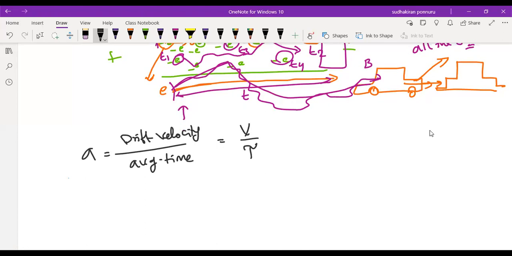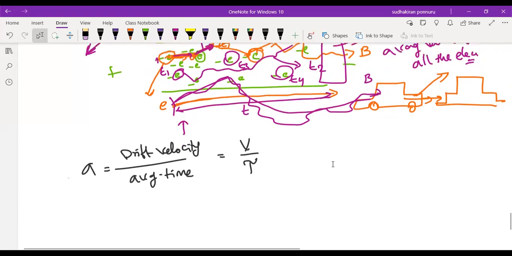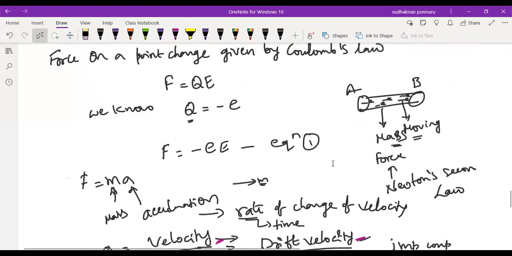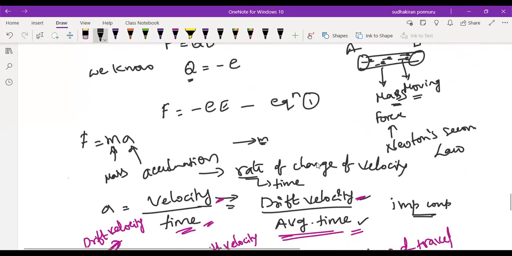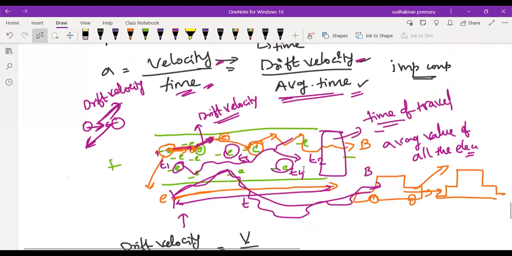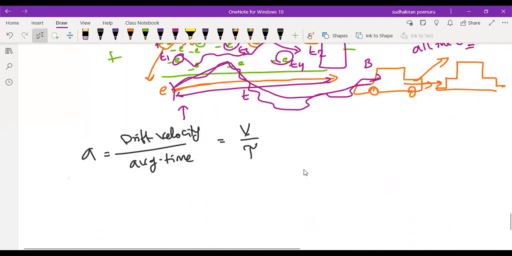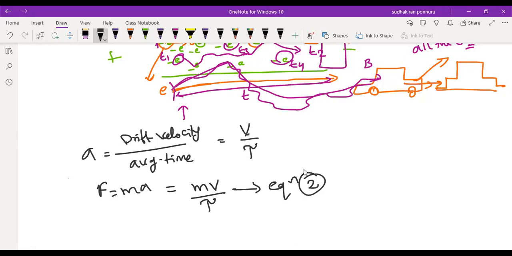Now I am replacing this value of a, that is equal to V by tau, in the equation F is equal to ma. So since we have F is equal to ma, whatever the value of a is, we get m into capital V divided by tau, which is our equation number 2.